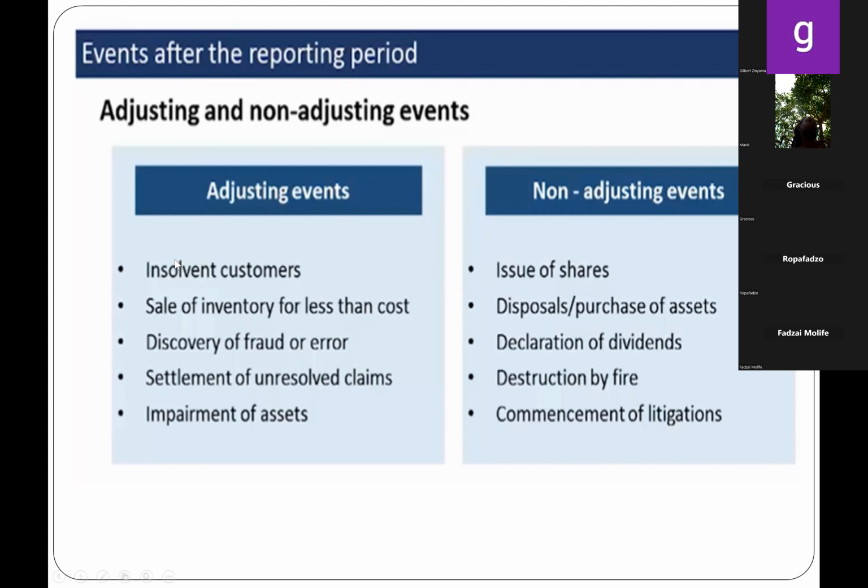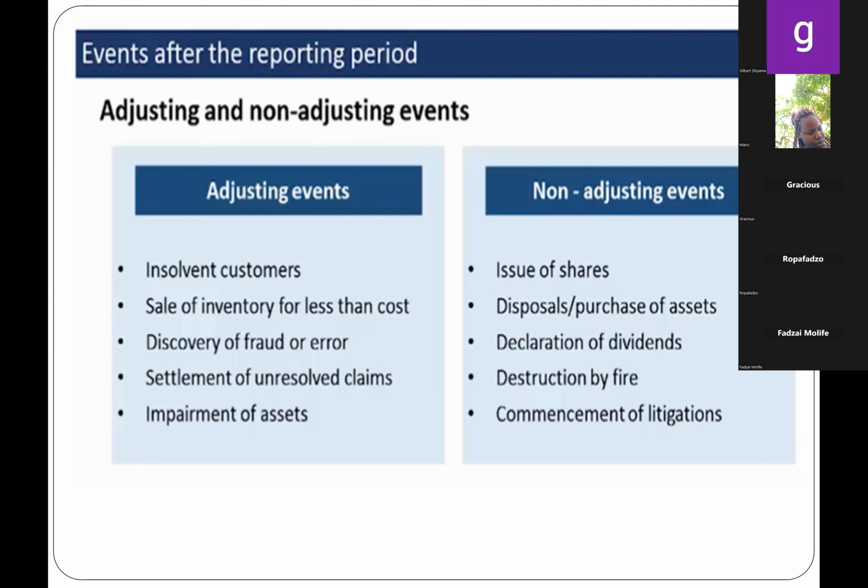Or if there are any litigations or any court cases against you that were instituted after the year end, you may need to give information to users of financial statements as a cautionary statement to say, we have been taken to court by clients, so this is what they are asking from us as a result of these transactions that happened. We believe that there's a 60% chance that we may be required to pay, etc. That disclosure that we talked about under provisions is basically what you need to put as a non-adjusting event.